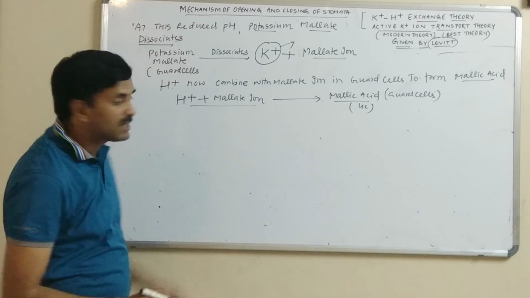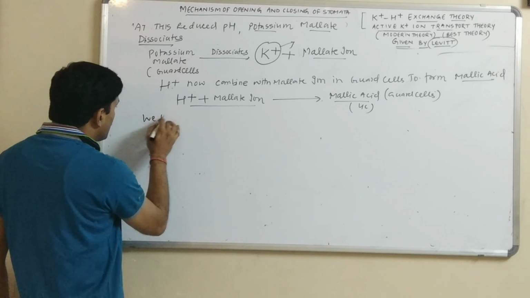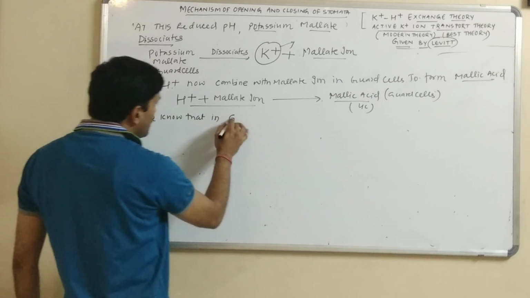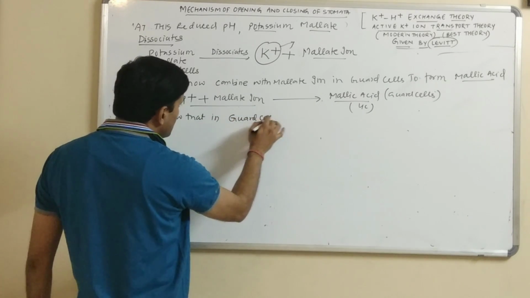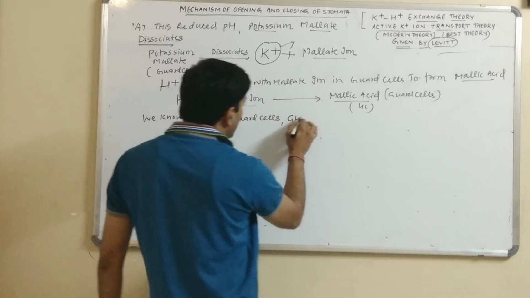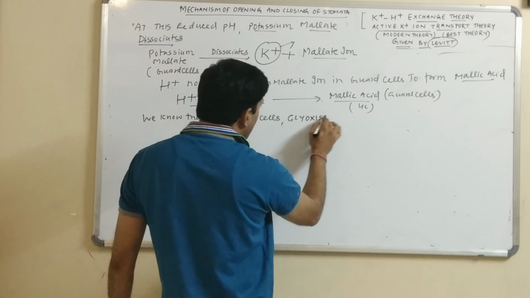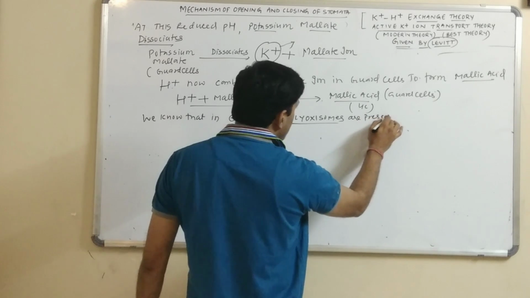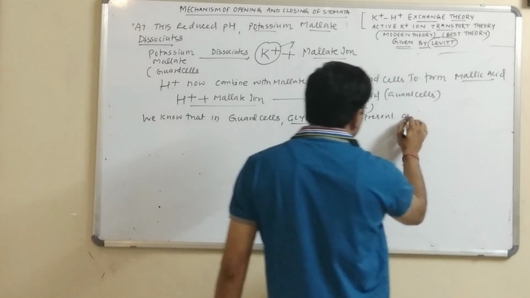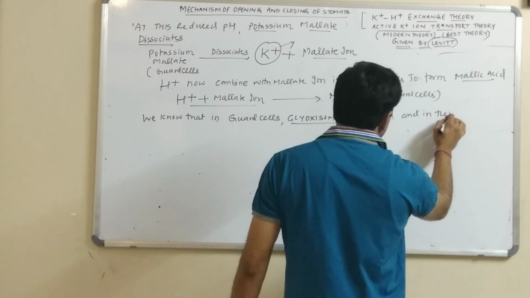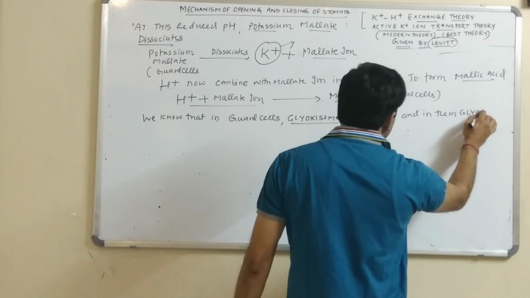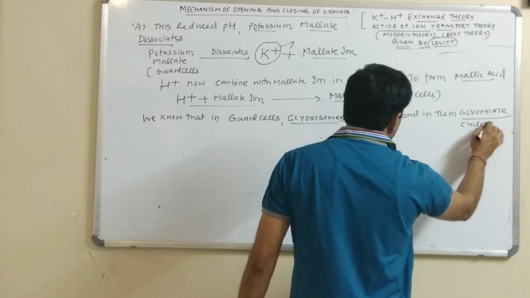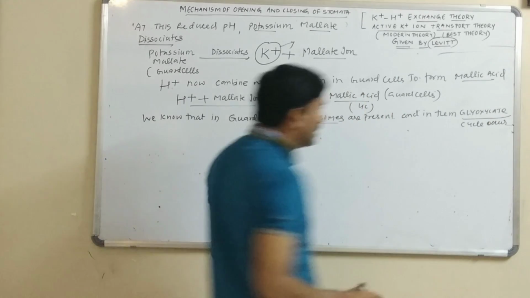Now soon what happens at the night time? We know that in guard cells glyoxysomes are present, which are microbodies, and in them the glyoxylate cycle occurs.